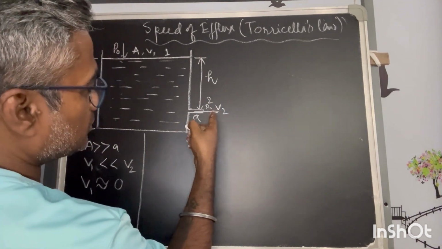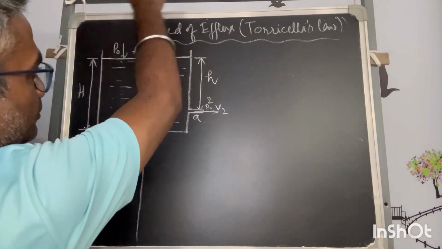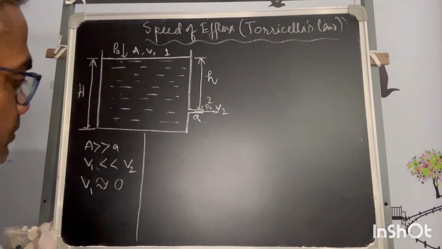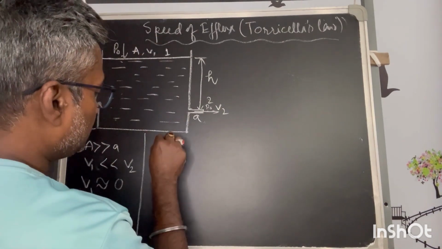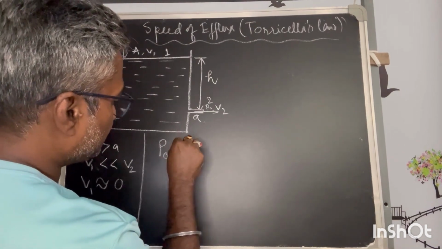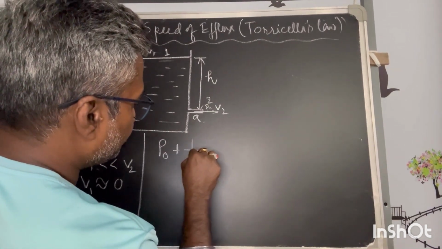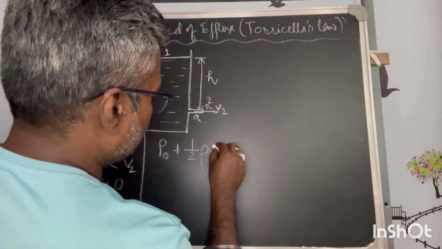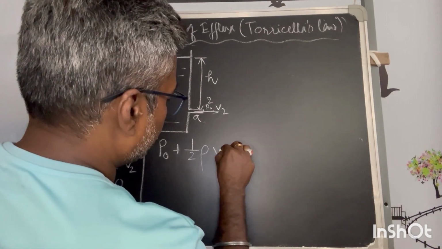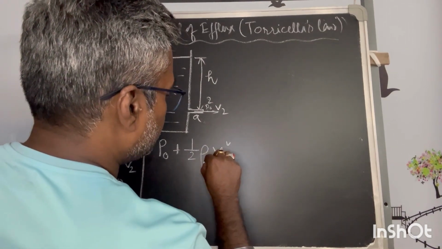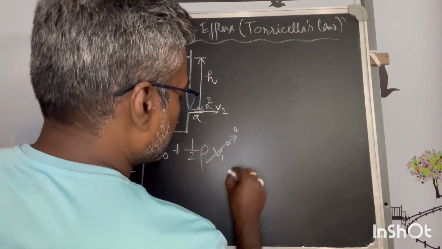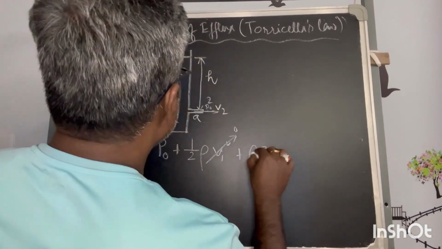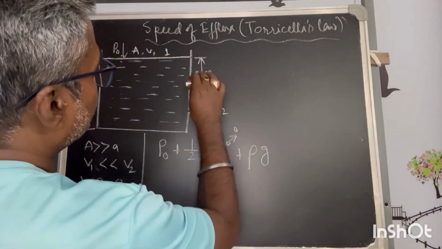Because it is in contact with the air everywhere, you will get the atmospheric pressure. So pressure at point 1 is P0 plus half rho V1 squared, which is kinetic energy per unit volume, and V1 is equal to 0. Then potential energy, rho g H, where H is the height of this.